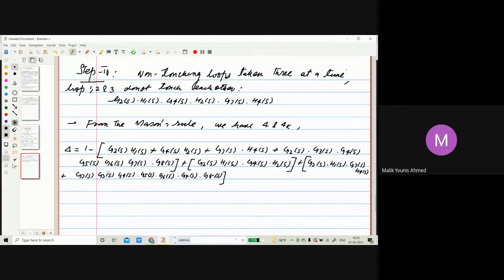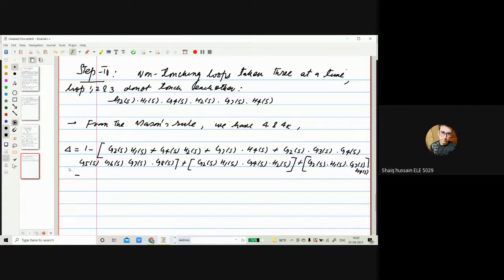That's correct, so we don't have to write this. Okay, put them in bracket, I think there is no problem. So we have got these two, then minus.